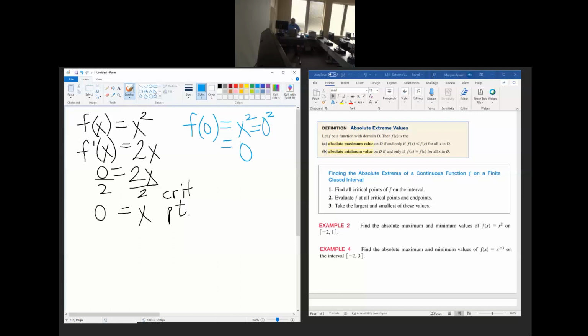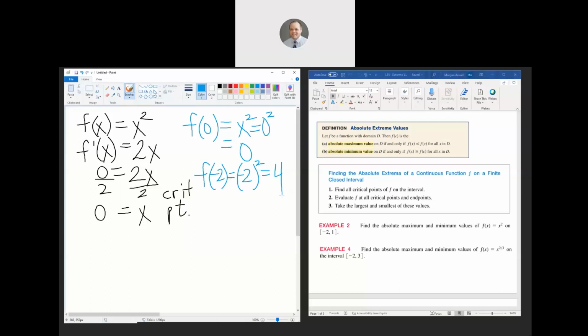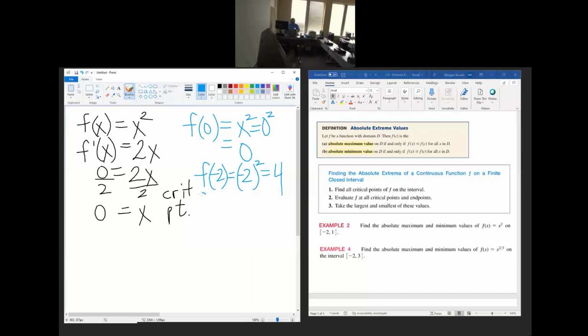And we also have to plug in our interval endpoints also. So we'll plug in -2 first. And that gives us a +4. And when we plug in +1 into our original function, that gives us +1.